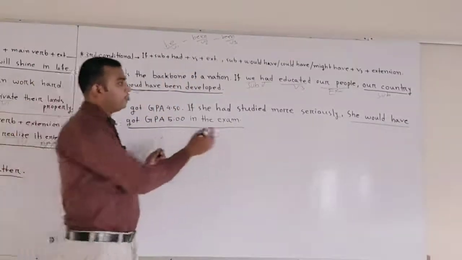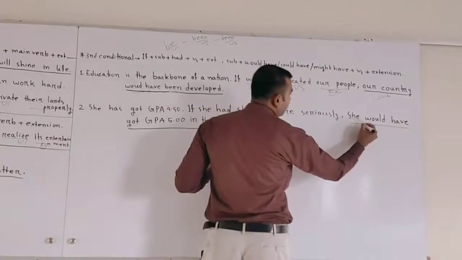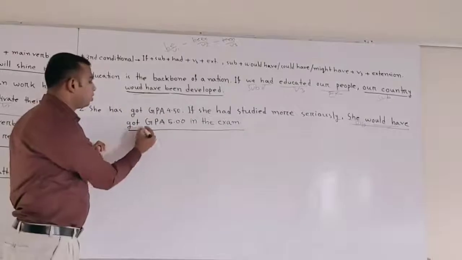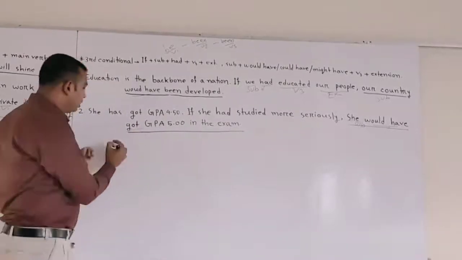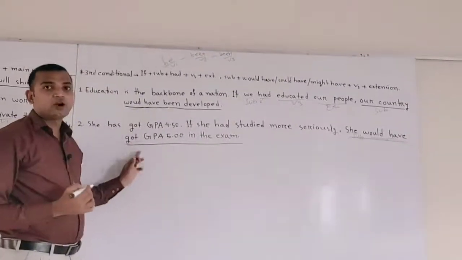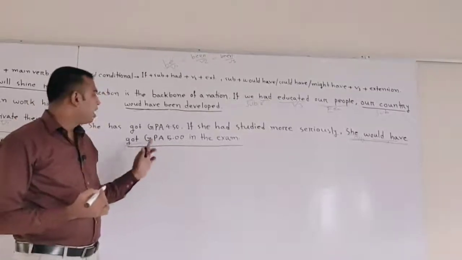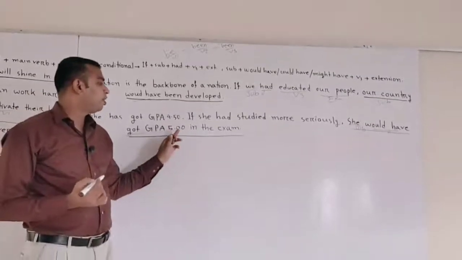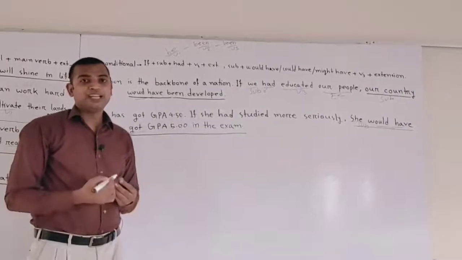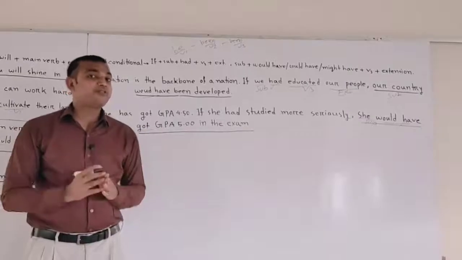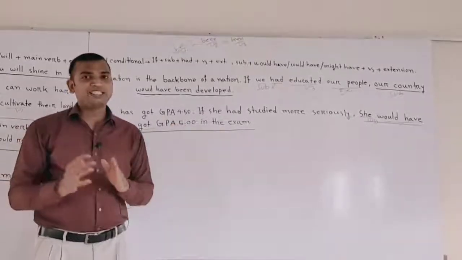Look here, subject, then would have, and verb 3, got. Get, got: we know that get is verb 1, and got is verb 3. Then she would have got GPA 5 in the exam. That means if she had studied more seriously, she would have got GPA 5 in the exam.